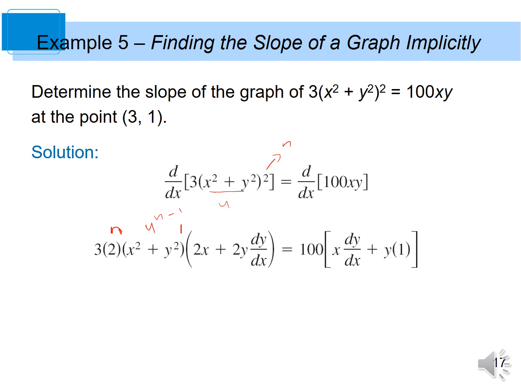From here, we simplify. After we simplify, we expand and we collect. We move all the dy/dx terms to the left side and the other terms to the right side.